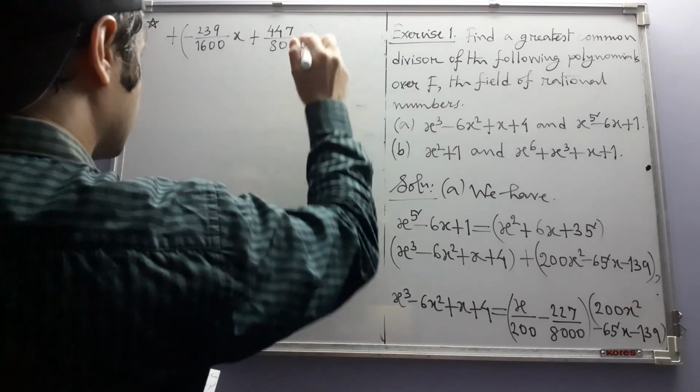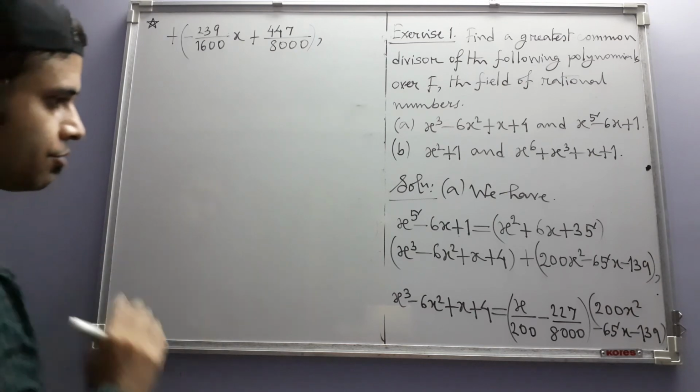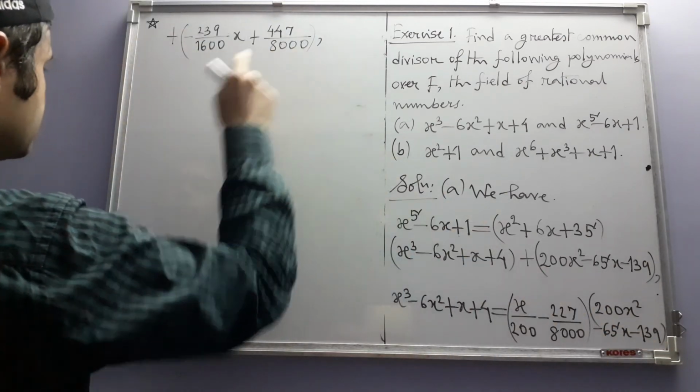And then the next one is even worse. Next we divide the divisor by this remainder.